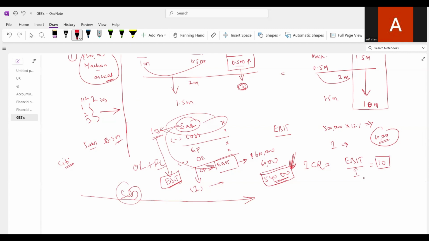So apart from the EBIT, interest coverage ratio, how this interest factor covers my EBIT, I'll also be focusing on this operating leverage. चलो ठीक है, sales तो जा रहा, अगर sales गिर गया तो EBIT पे कितना इफेक्ट पड़ रहा? What is it affecting me? That's where the ratio analysis comes.